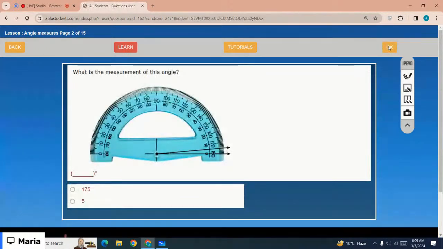Okay, what is the measurement of this angle? So which is the correct option?